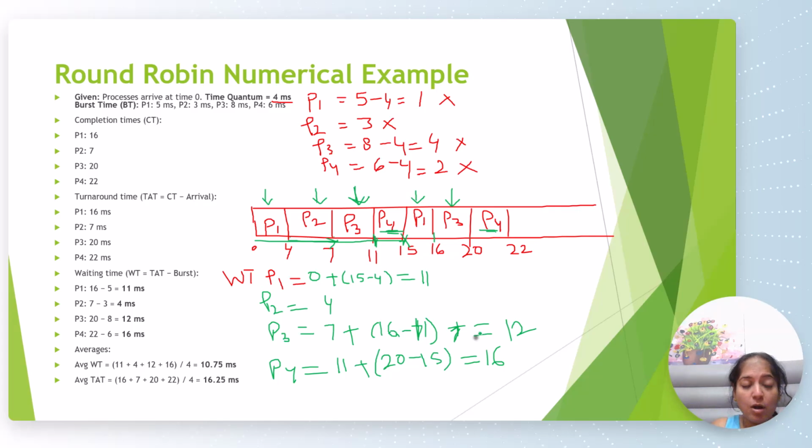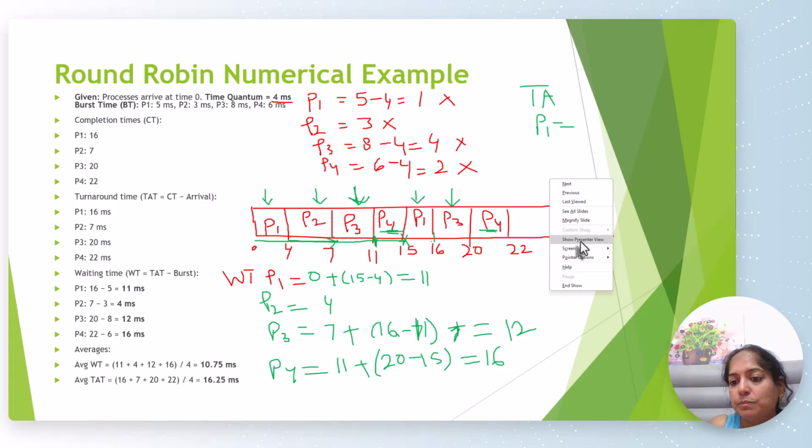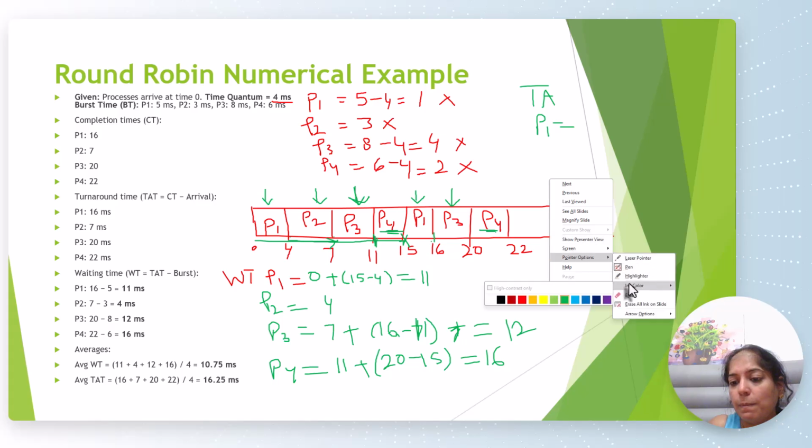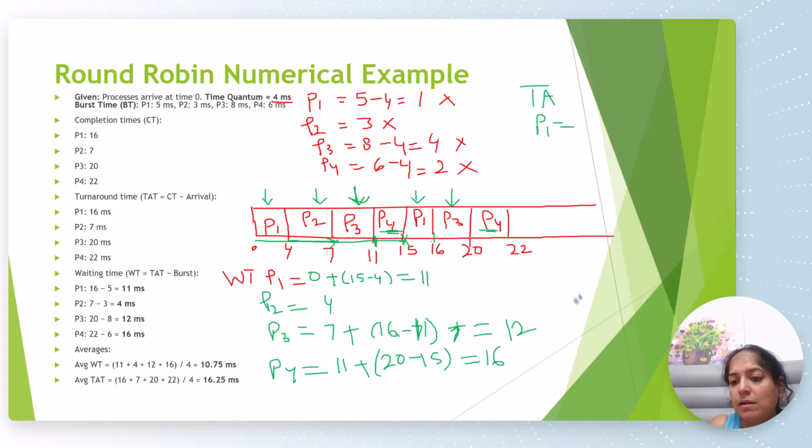Now, if we talk about the turnaround time, let's say here the turnaround time for process P1. P1 completes at 16 milliseconds, so the turnaround time for P1 is 16. Process P2 completes at 7, so the turnaround time is 7.